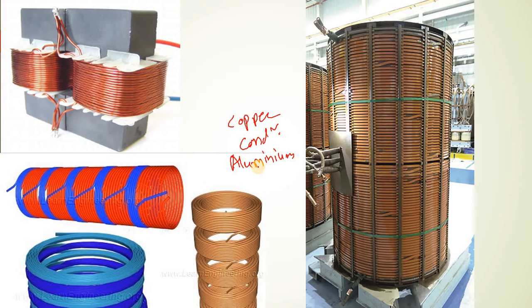Because when we use aluminium, the losses in the transformer will increase, but at the same time the manufacturing cost of the transformer will be reduced. Okay, so as per the demand of the consumer, we have to manufacture the transformer with a copper conductor or an aluminium conductor.